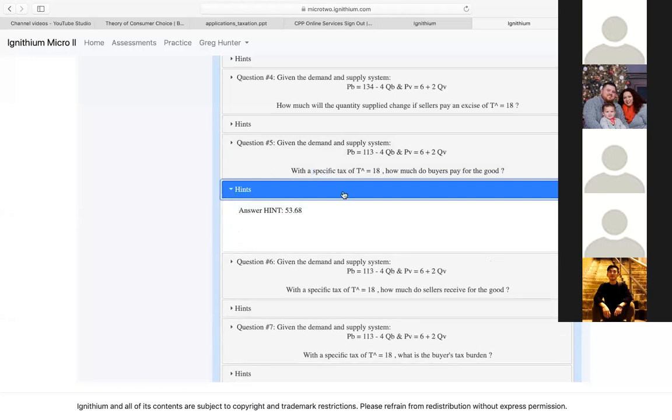Uh-oh. You both got 35.66. I think there must be a calculation error somewhere. Oh, excuse me. I typed in the wrong number. I got 53.68. So I did 113 minus 4 times 14.83, and I got 53.68. And what did you get? Yeah, I just got 53.68. So I'm going to give you a clap because you agree and you got it through the end.